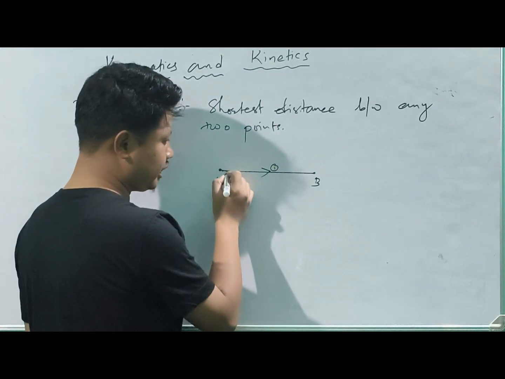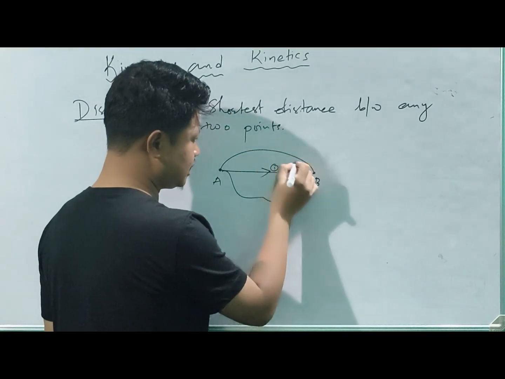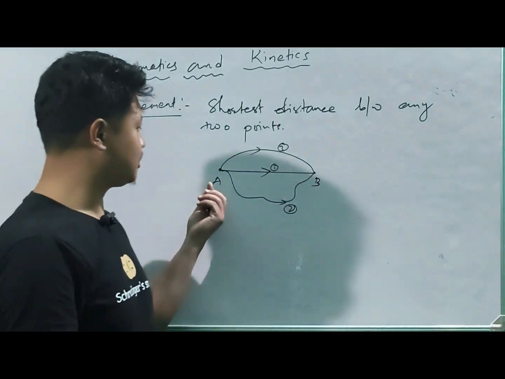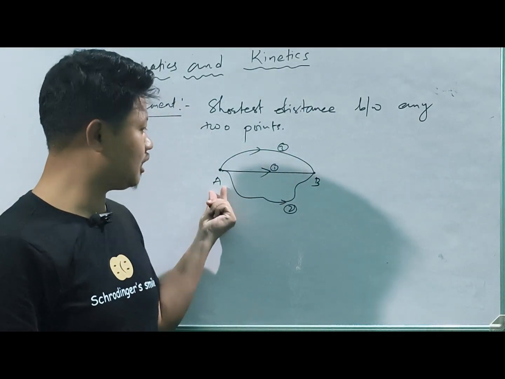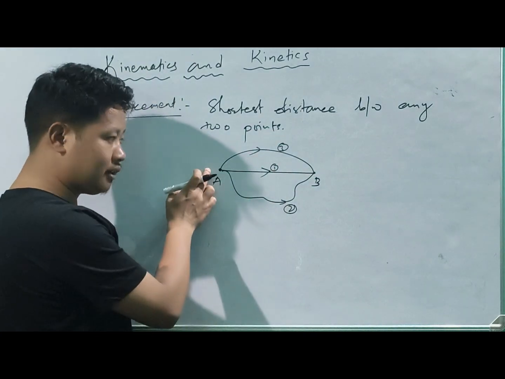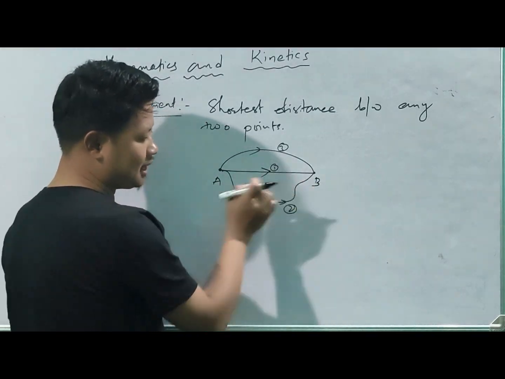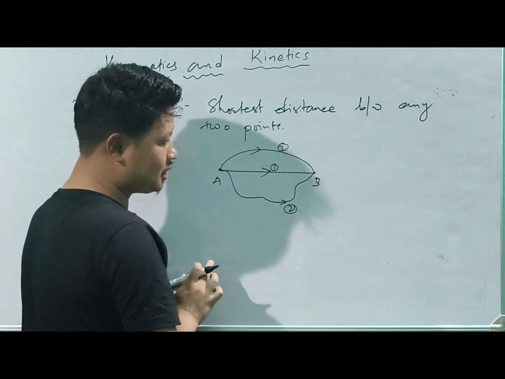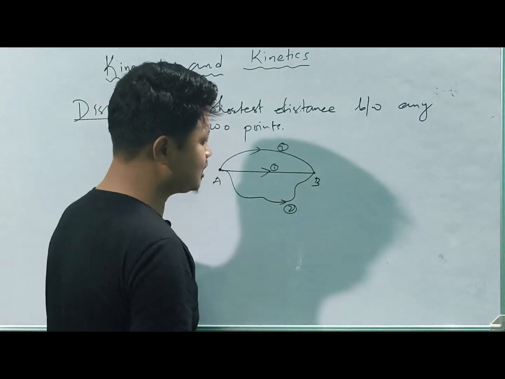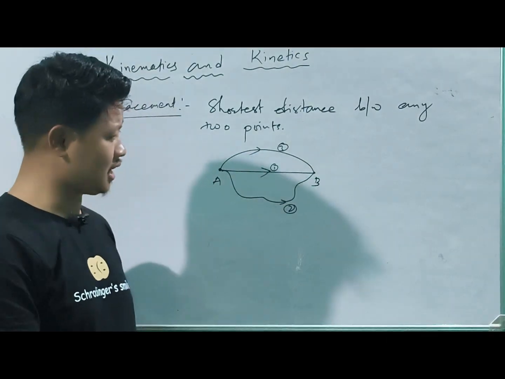Let us say this is path one, this is path two, and this is path three. In all the three paths, the initial and final points are the same. For path one the starting point is A and the end point is B, and for path two also the starting point is A and the final point is B. Similarly for path three the starting point is A and the ending point is B.